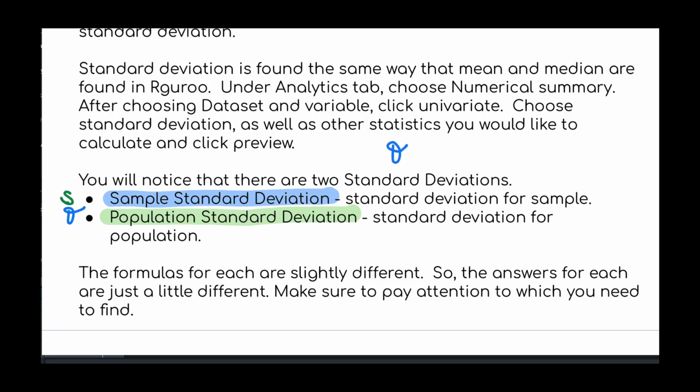It looks like an O with a loop at the top or something like that. This is lowercase sigma. I told you there'd be a lowercase sigma in an earlier video, and it stands for population standard deviation.